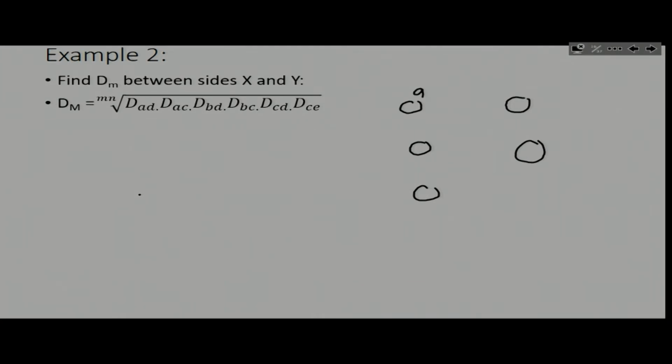That's A, B, and C. So that's D, E. So that is DAD, and then the distance DAE, and then DBD times DBE, and CD times CE.